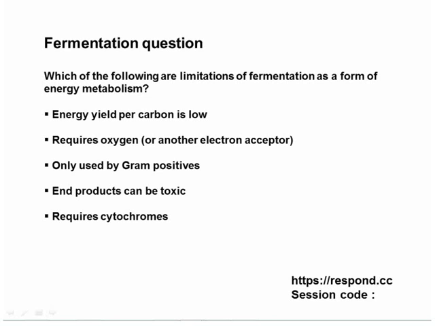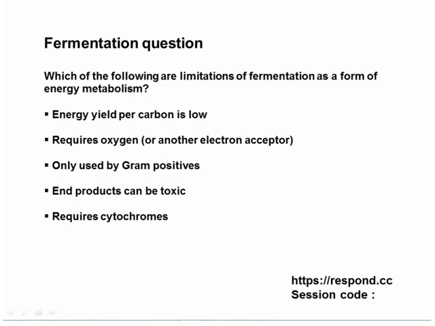Mostly all right, but the first one, energy yield per carbon is low, is also a limitation. You need a lot of sugar hanging around or organic carbon. And it doesn't all get used up, okay? So all of the fermentation products that can be toxic, that's correct. If oxygen is present, these can be used by other organisms.